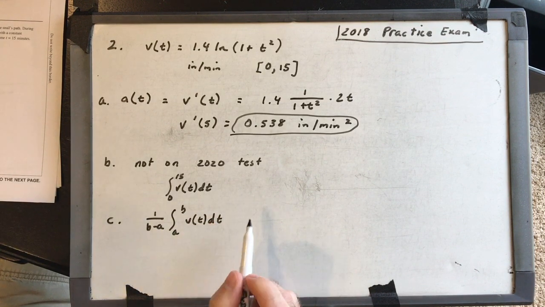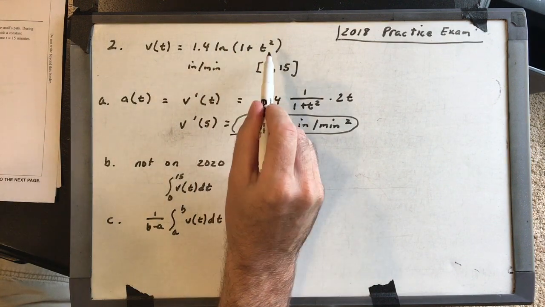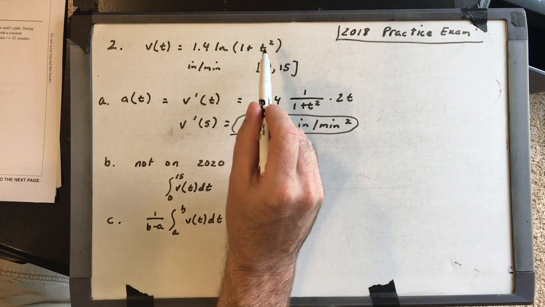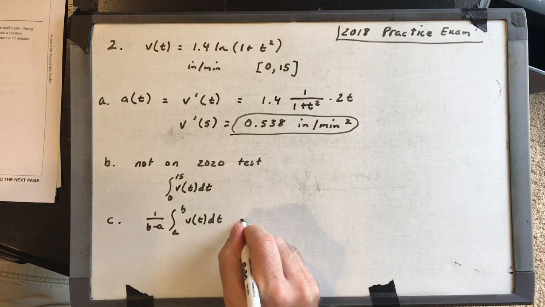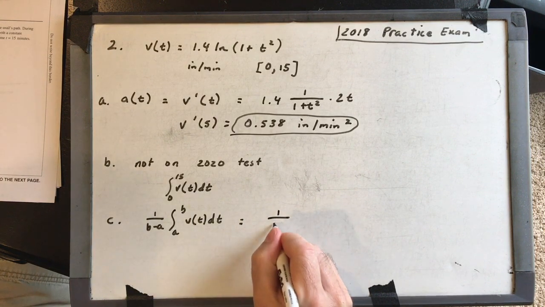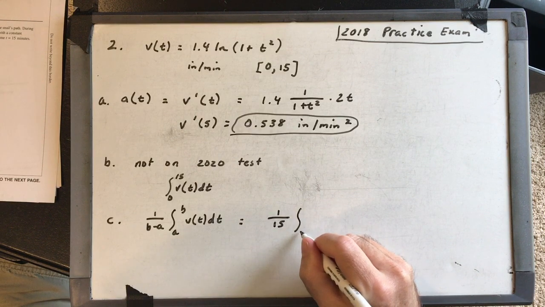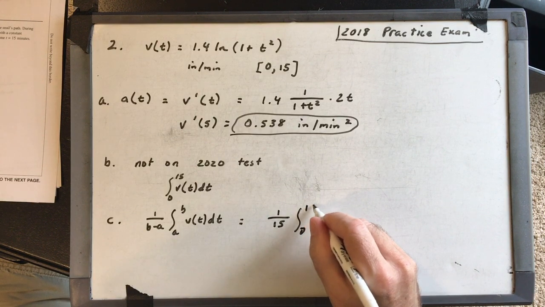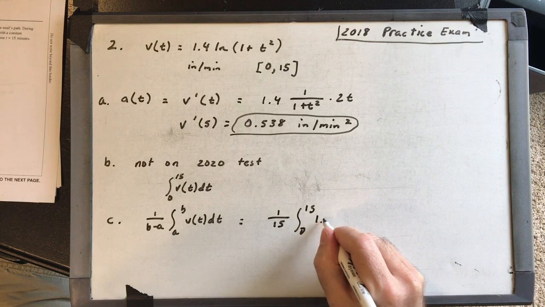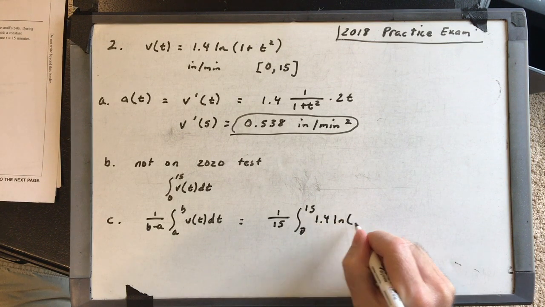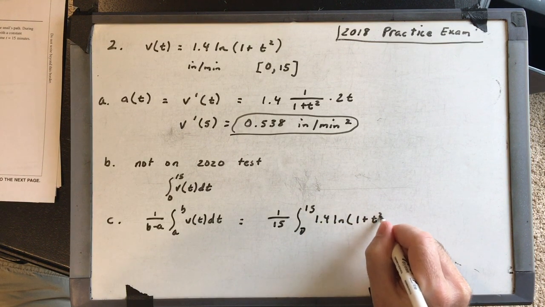On the 2020 test, it would probably be an easier function to integrate than that. So that's going to be 1 over 15, and then you would integrate from 0 to 15 of 1.4 natural log of 1 plus t squared.